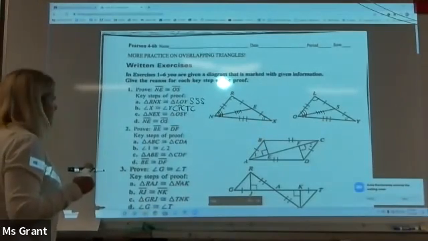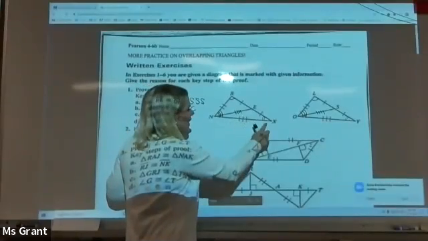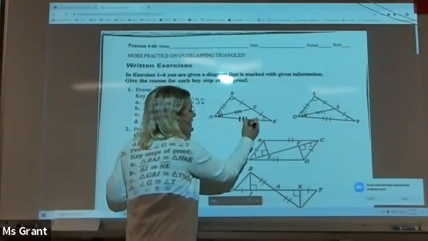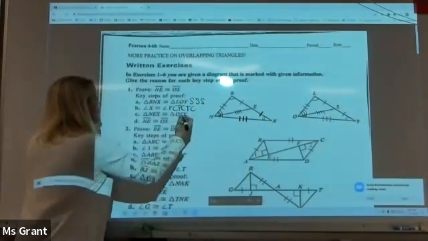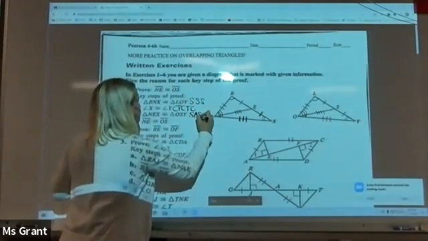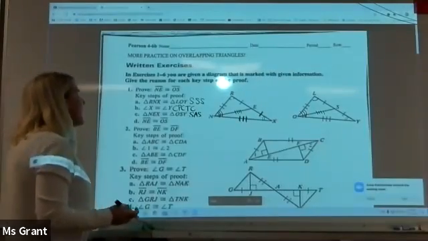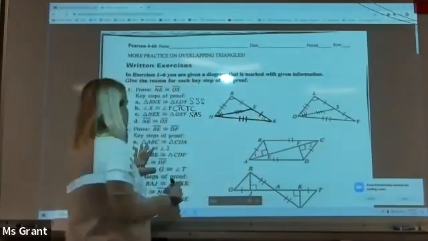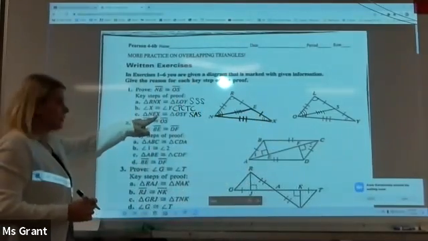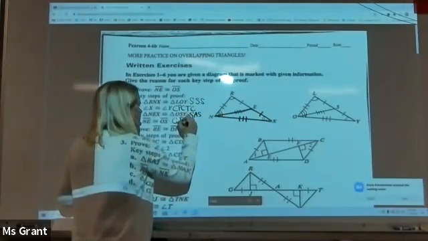And let's see. Side, angle, side. Can I do that? Side, angle, side. Okay, so that's going to be SAS. And then, because I know this triangle is congruent, I just did it. SAS. This is a corresponding part of congruent triangles.